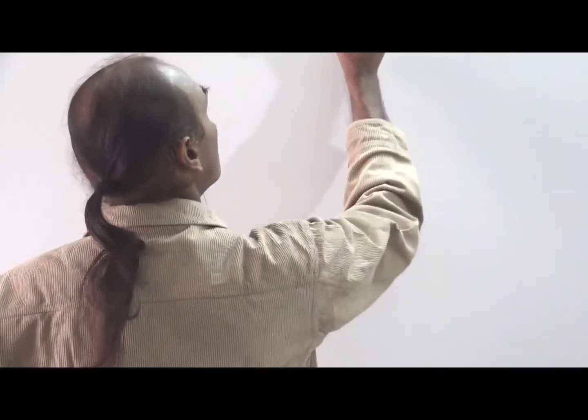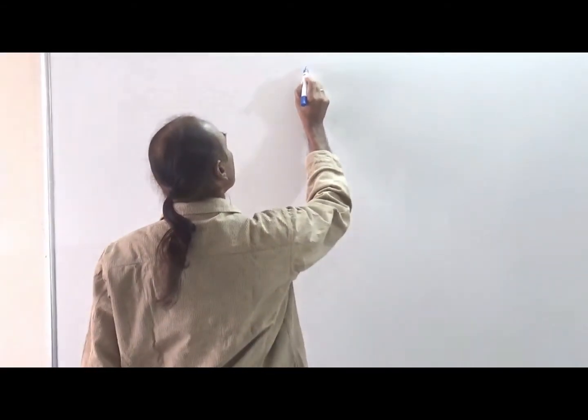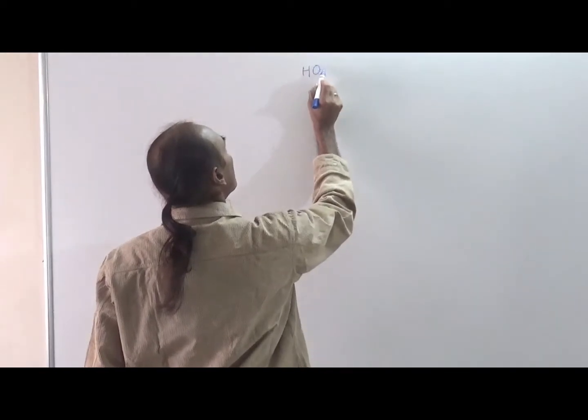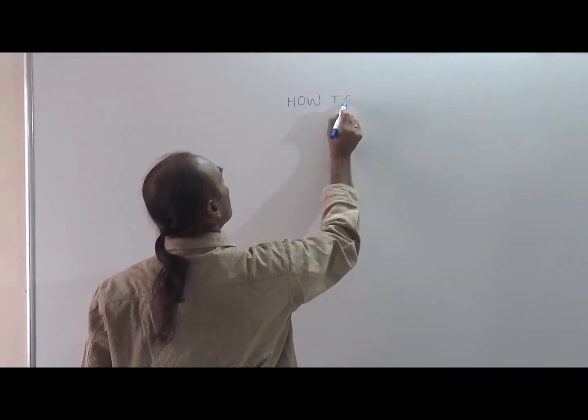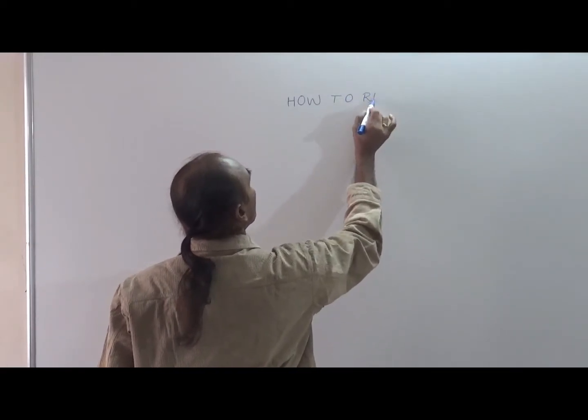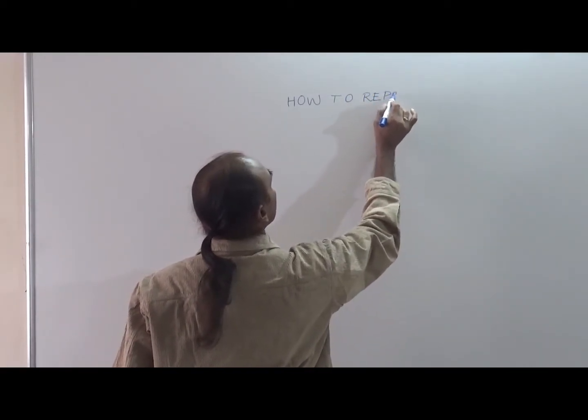Representation of a vector has two methods. One is symbolic and the second is the graphical method. Let us talk about each one by one. So the question here is, how to represent a vector.